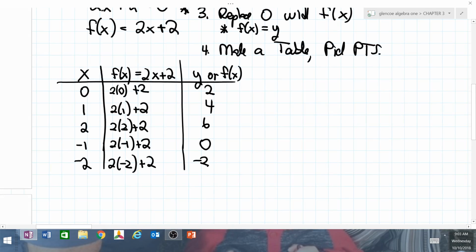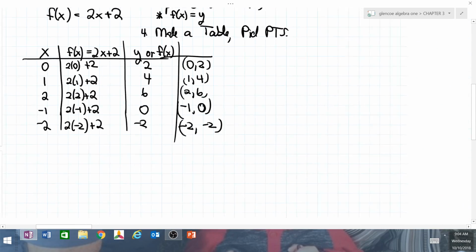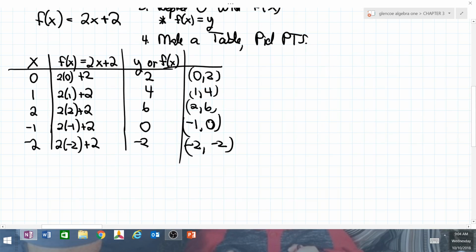So my ordered pairs here would be (0, 2), (1, 4), (2, 6), (-1, 0), and (-2, -2).